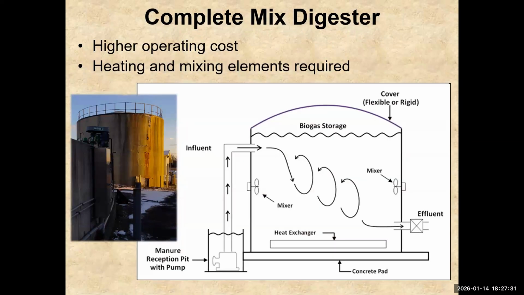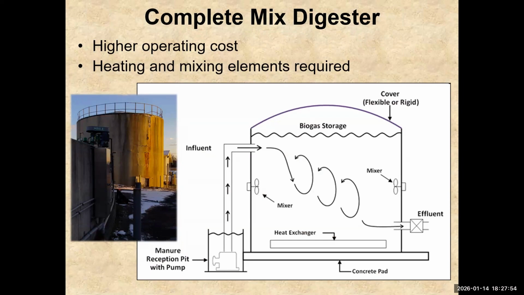All right, so in comparison to that covered lagoon and the plug flow digester, complete mix digesters are usually associated with higher operating costs. And this is due to these digesters needing mechanical elements for heating as well as mixing purposes.